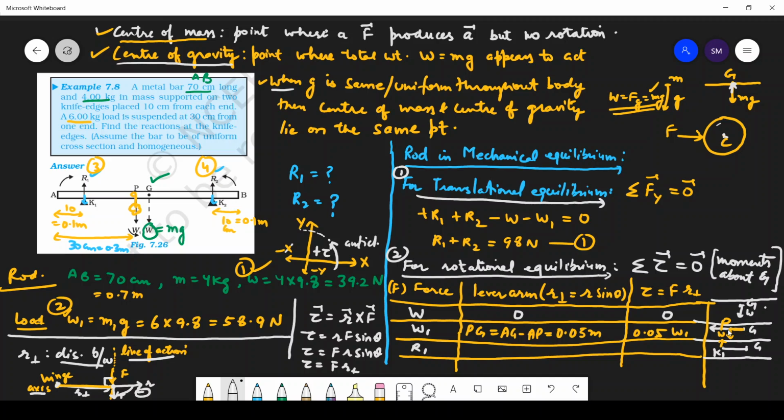Okay, so this is the direction of R, this is the direction of F. So R to F, which direction is it? Yes, which direction is it? Outside the paper. Okay. It is coming out of the plane of the paper, the direction of tau. But here are we going to take the tau positive or negative?